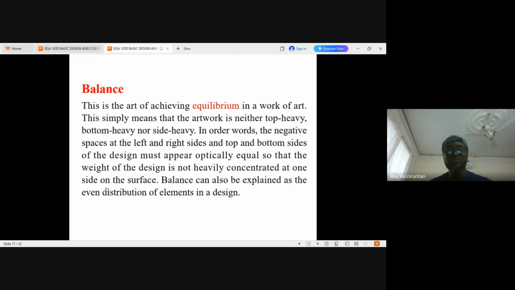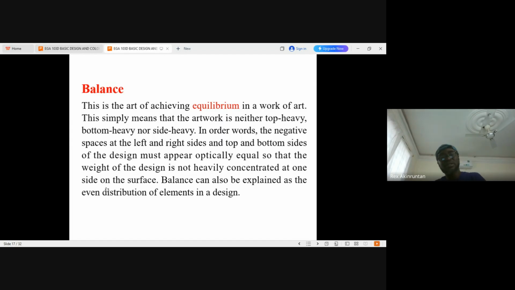So this is the art of achieving equilibrium in an artwork. Okay, and this simply means that the artwork is neither top heavy or bottom heavy. So how do you now relate this so that the car or the design that you are doing wouldn't be boring again?